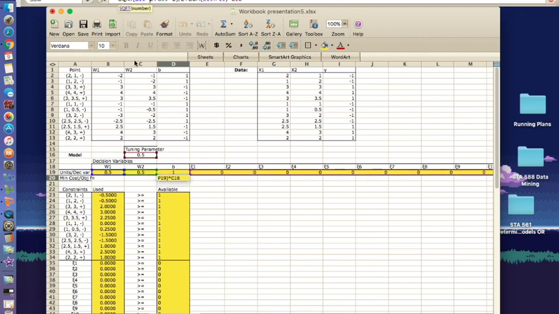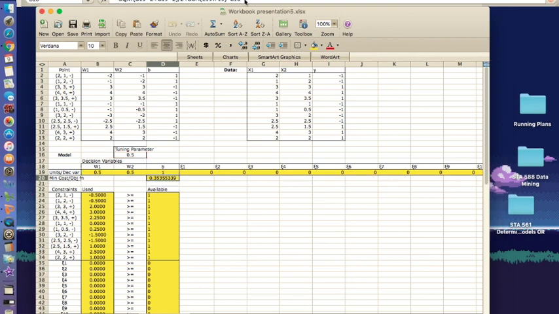So square root of B19 squared plus C19 squared, that's W1 squared plus W2 squared, divided by 2 plus the sum of the cost terms like we were talking about before multiplied by the tuning parameter. That is just the objective function that we saw before, so that looks all good.